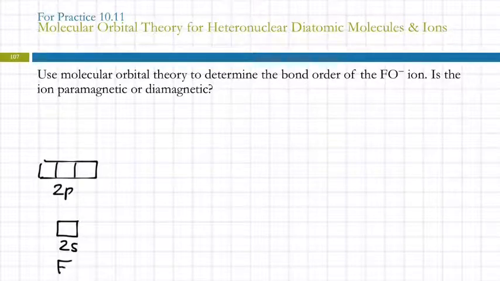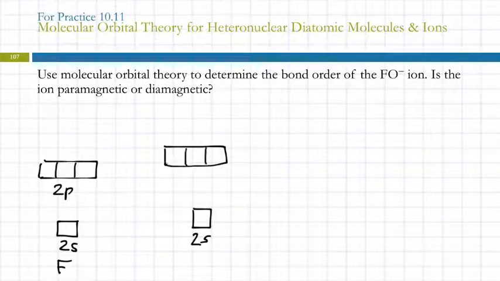So this will be our fluorine, and we'll put our oxygen over here. Put the oxygen a little higher in energy because it's not as electronegative. So this is our oxygen.